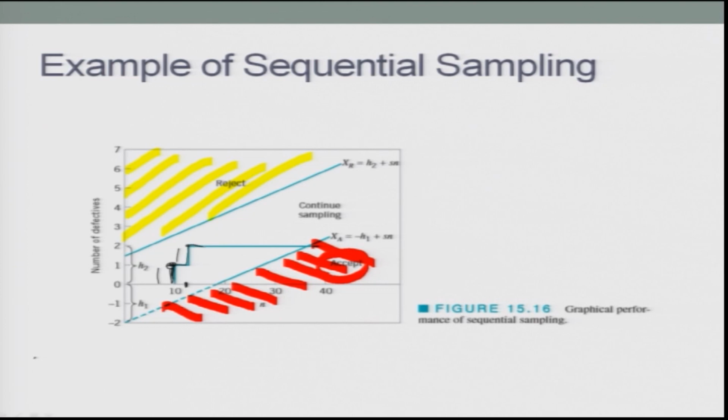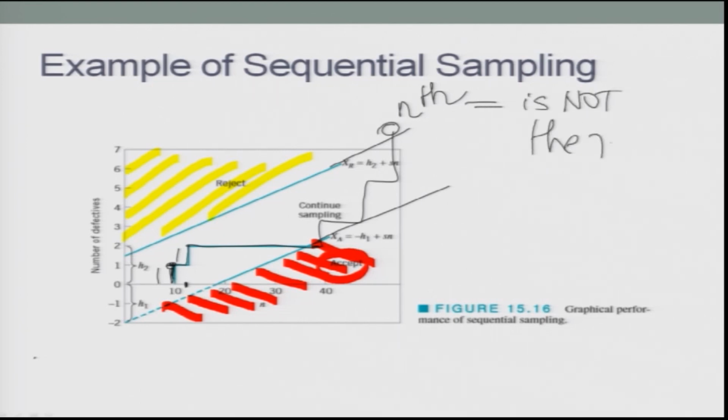So as you continue going in this direction, there may be some regions, so this I am extending, there may be the regions where if you go in the nth set of picking, this nth set of picking is not the sample size.